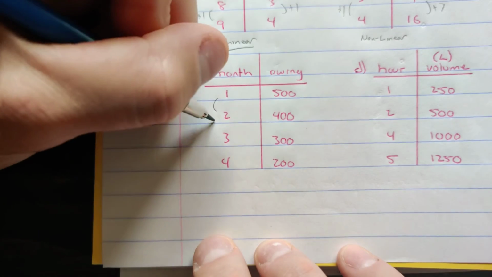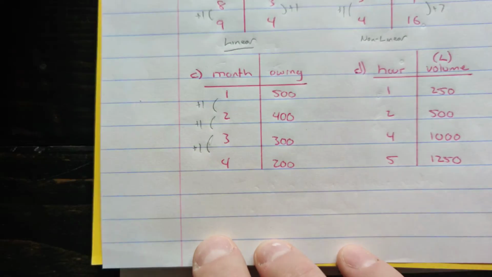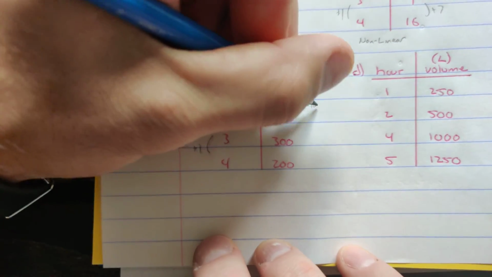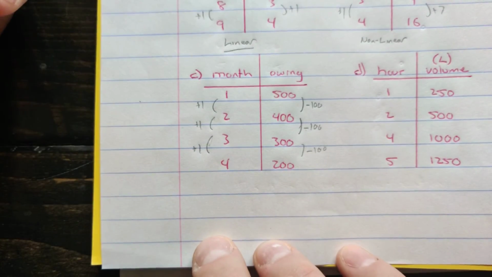Here we see plus 1, plus 1, plus 1. Here we see minus 100, minus 100, minus 100. While it's negative, it's still constant, so that is linear.